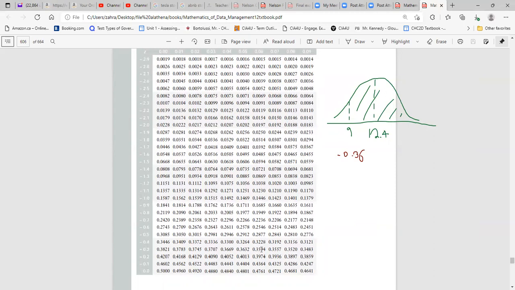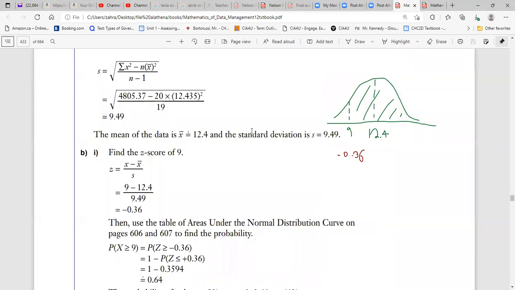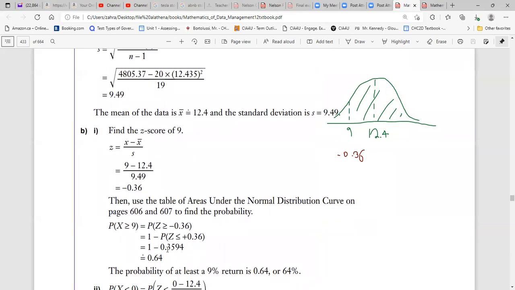So 1 minus that will be the area above. See, 1 minus 0.3594 is 0.64 or 64%.